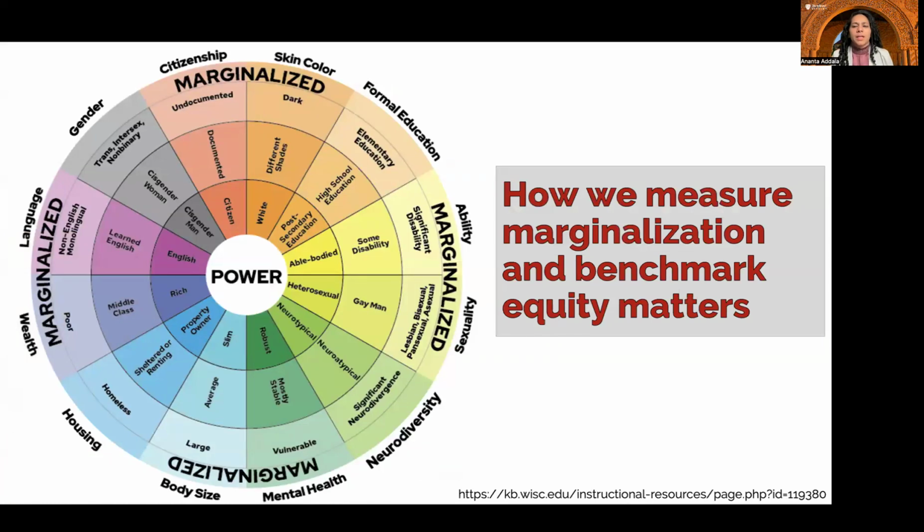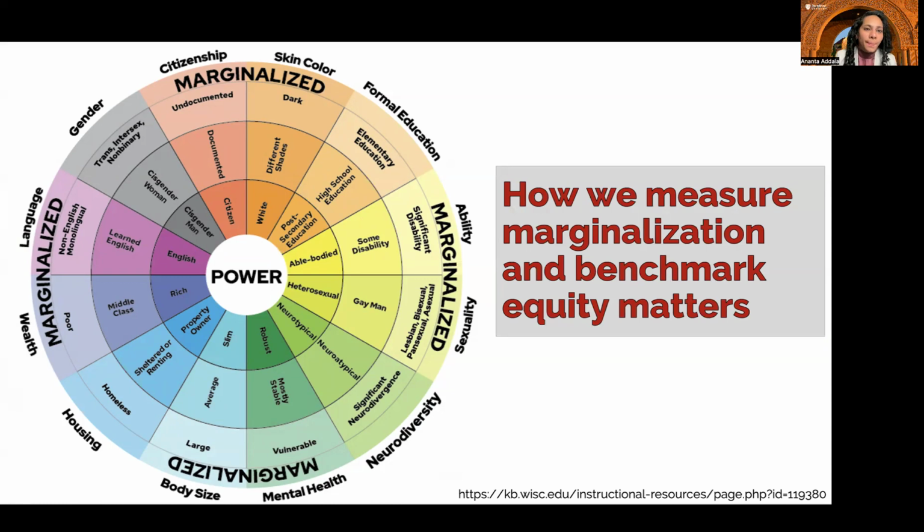And the very first thing is actually to realize that we hold many identities. I think this is often something that isn't explicitly sat and thought through, but how we measure these various types of identities really matters, because it helps us benchmark.